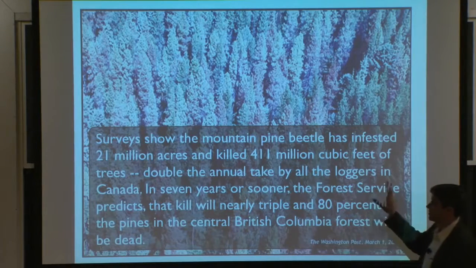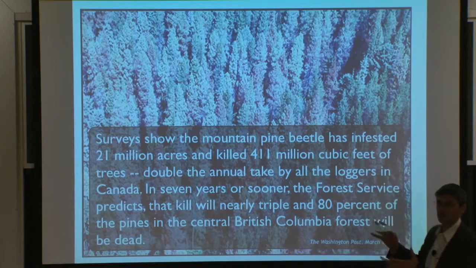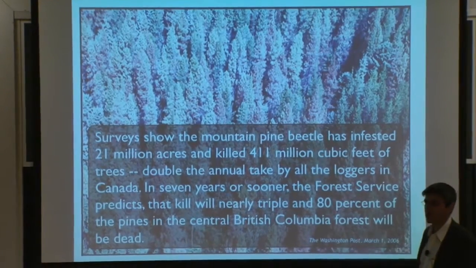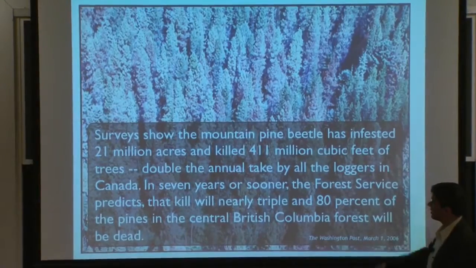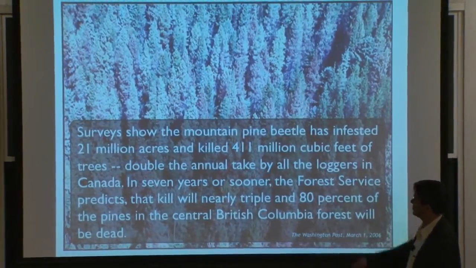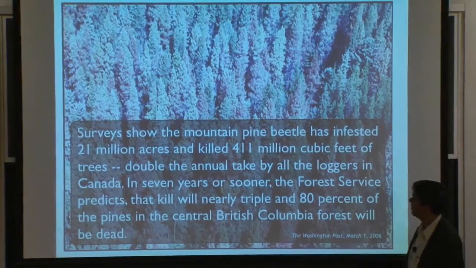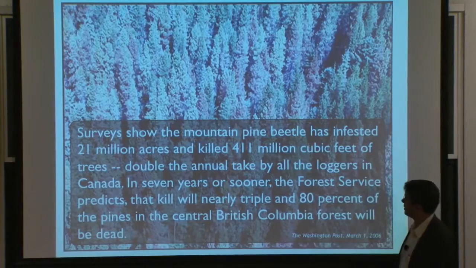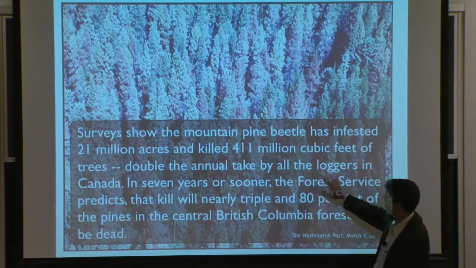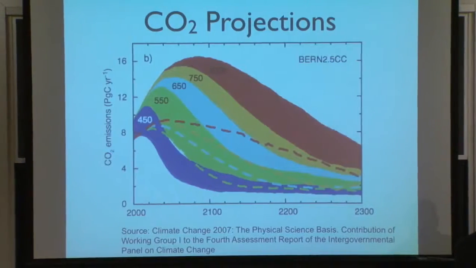That's a really bad thing for a tree that can live a few weeks either before or later than it usually lives, and therefore there are no predators around to kill the beetle. Already in Canada this is an enormous disaster. 411 million cubic feet of trees have been killed, and that's double the take by all loggers in Canada. So enormous problems can arise from climate change.